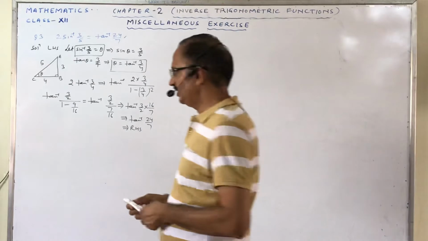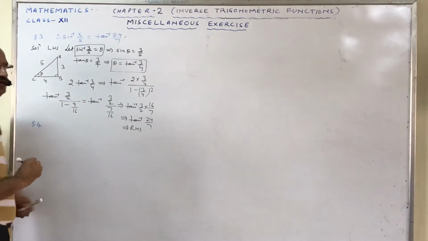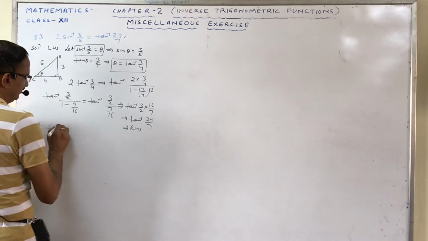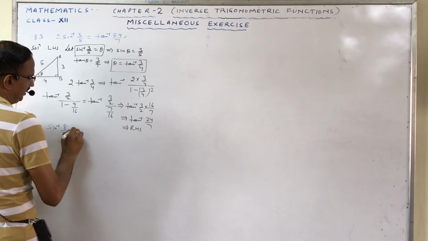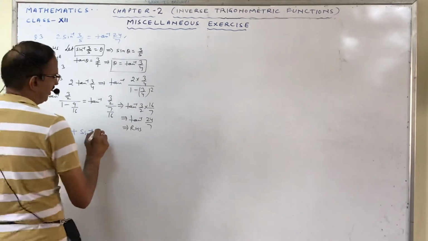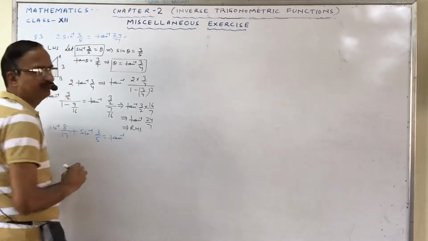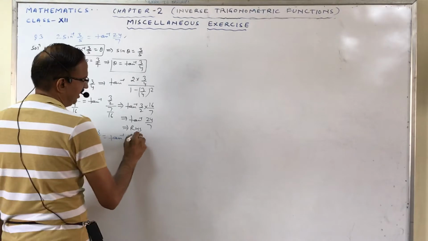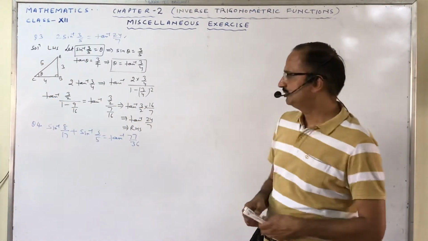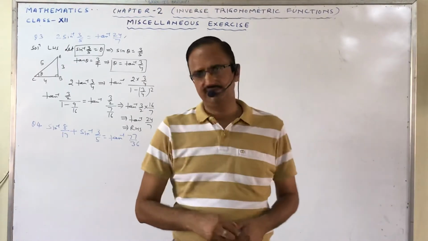Now come to question number 4. In question number 4 we have sin inverse 8 by 17 plus sin inverse 3 by 5 equals tan inverse 77 by 36. Now in this question also on the left hand side we have sine inverse.